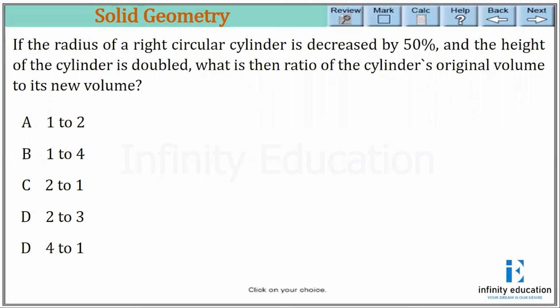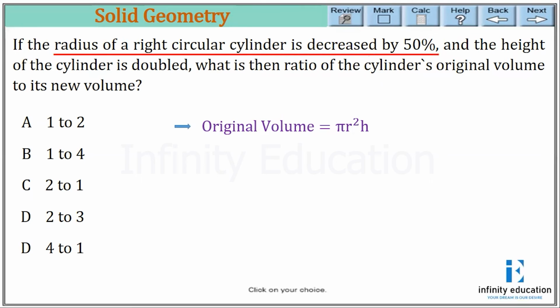If the radius of a right circular cylinder is decreased by 50% and the height of the cylinder is doubled, what is the ratio of the cylinder's original volume to the new volume? Okay, so we have to find the ratio of the original volume to the new volume. First we consider the original volume of the cylinder, which is pi r square h.